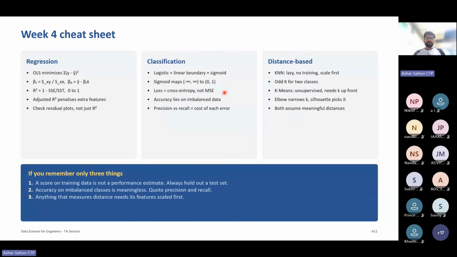And in classification, we have the linear boundary plus sigmoid function, which maps any value from minus infinity to infinity to 0 to 1. Then the loss is cross entropy, not mean squared error as we have seen in regression. And then accuracy fails on imbalanced data sets. Then we have seen precision versus recall. Then we have distance-based clustering algorithms, KNN is classification, k-means is clustering and unsupervised. Then elbow and silhouette.